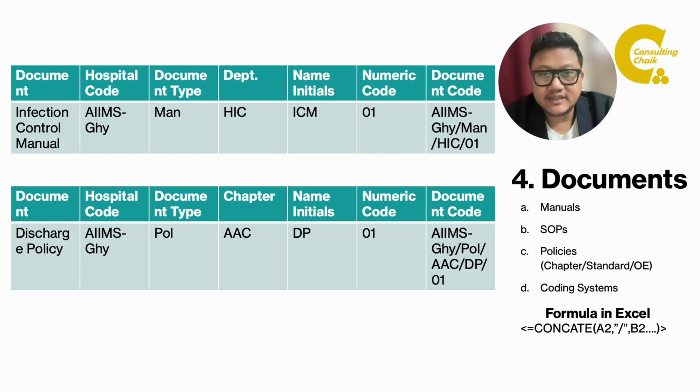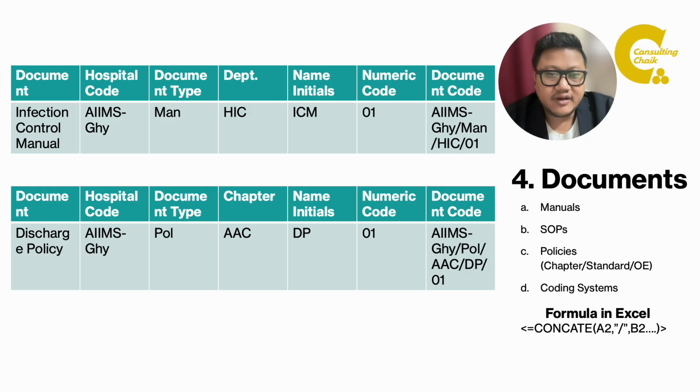Policies are basically standard wise. So AAC, COP, FMS, like that. Chapter wise, you have folders, and in each folder, as per the standard or as per one or multiple objective elements, you will have different policies inside the chapters.